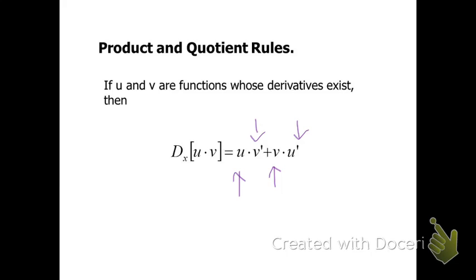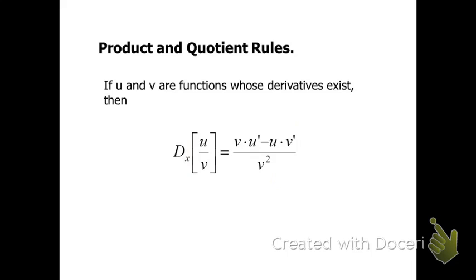Also, whenever you have a quotient, what is this rule telling you? Again you have two functions, u and v, and you have the quotient: u is divided by v.